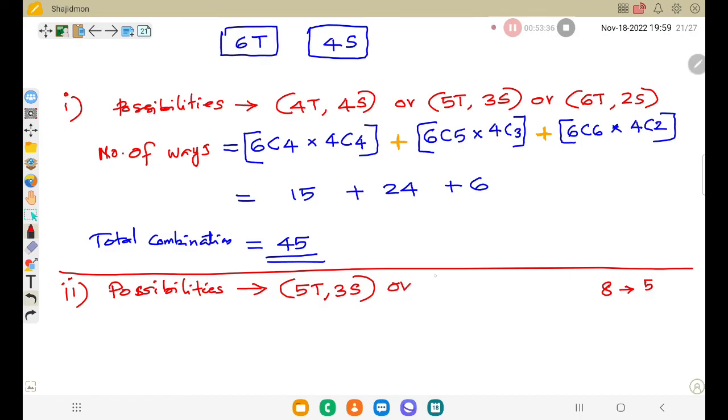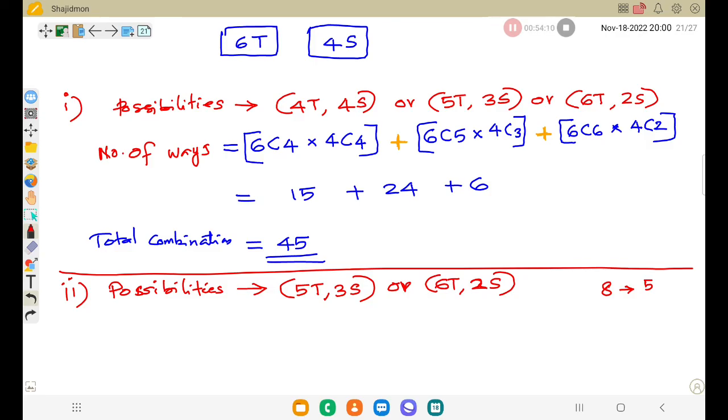Or otherwise, what is the option? Or it should have 6 teachers and 2 students, correct? That also is majority teachers, 6 teachers are there. Is there any other option? No other option. Can we take 4 teachers? No. 4 teachers means 4 teachers, 4 students. So equal. But we need majority teachers, correct? So majority means out of 8, 5 or more than 5 it should be. So 5 or 6. Totally we have 6 teachers only. So 7 we cannot take also.